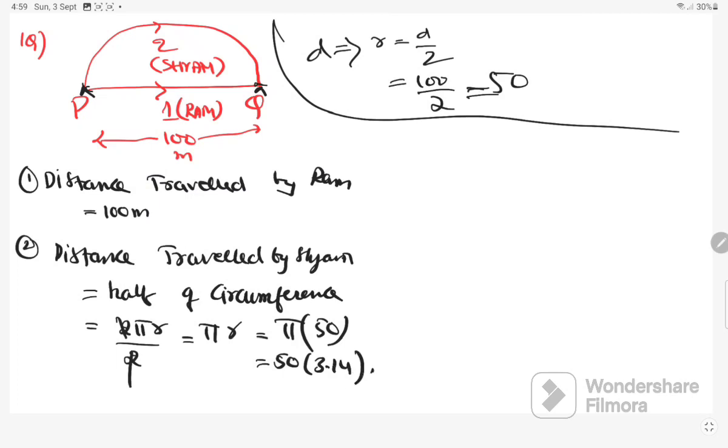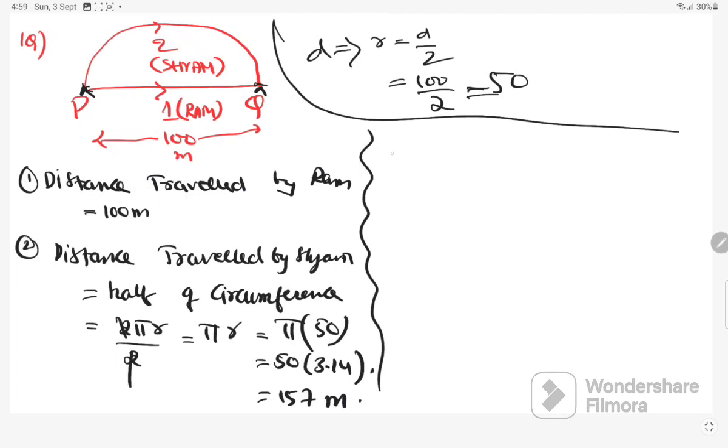If you do 50 into 3.14, you get approximately 157, students. So the answer is 157 meter. So Sham has traveled a distance of 157 meter.